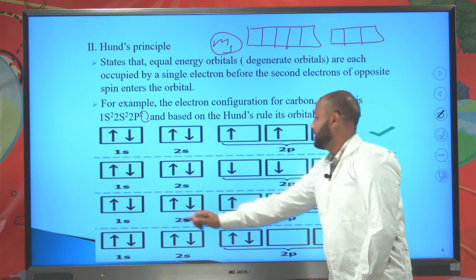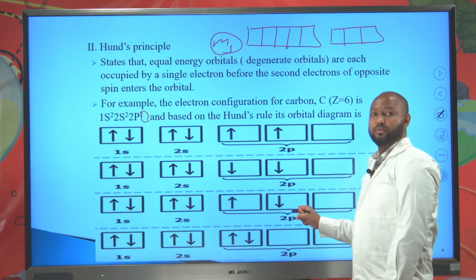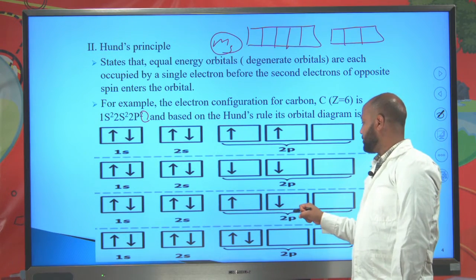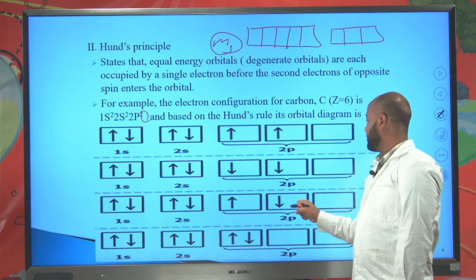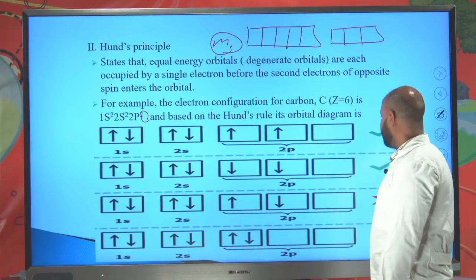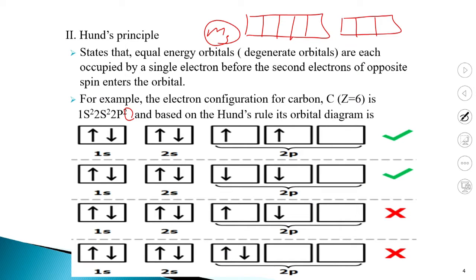The third one, 1s2, 2s2, 2p2. These two electrons, the first upward clockwise and the second one anti-clockwise. This one is px and this one py. It's wrong. Upward and downward must be put in the same orbital.